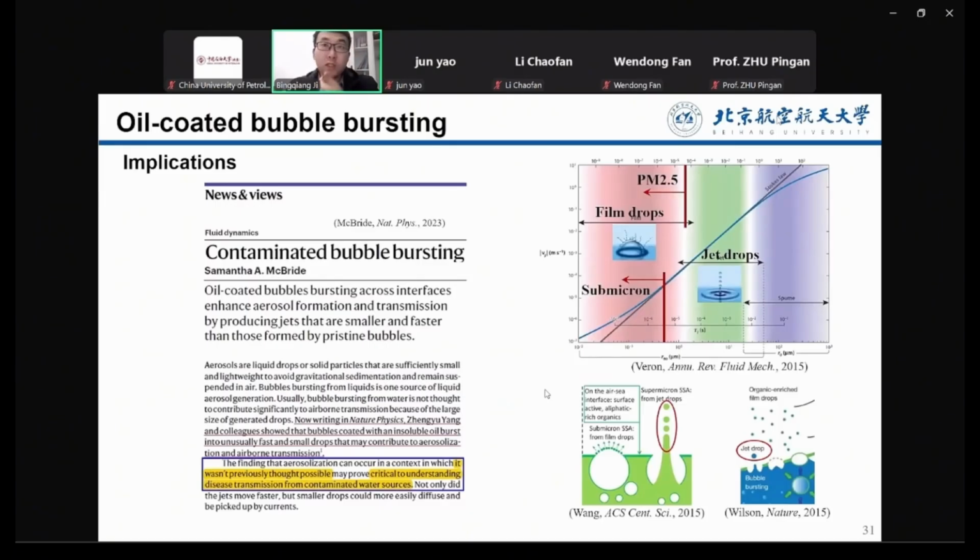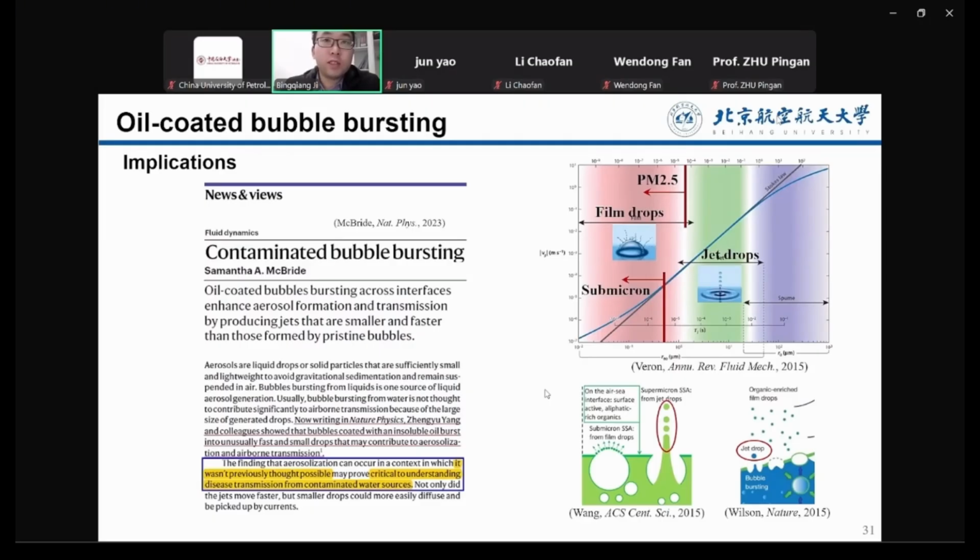So based on the knowledge of clean bubble bursting, the jet drops are not considered to contribute significantly to sea spray aerosol in global models, because they are considered to be much larger than the film droplets, usually larger than a micrometer.